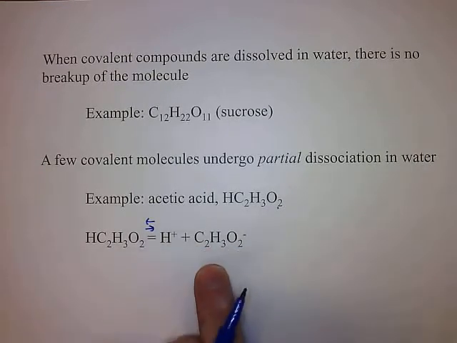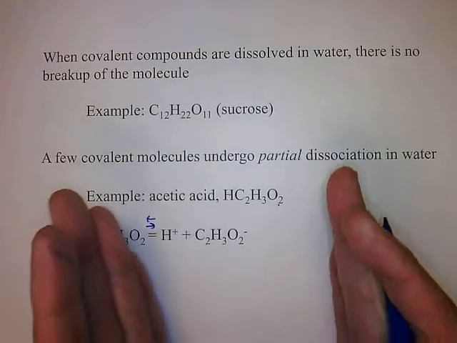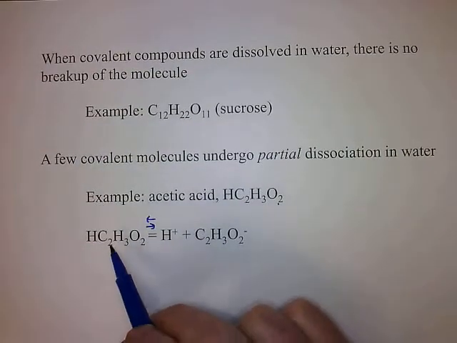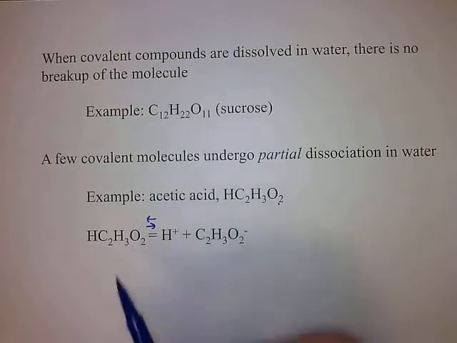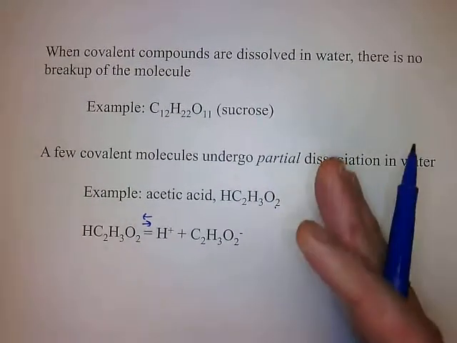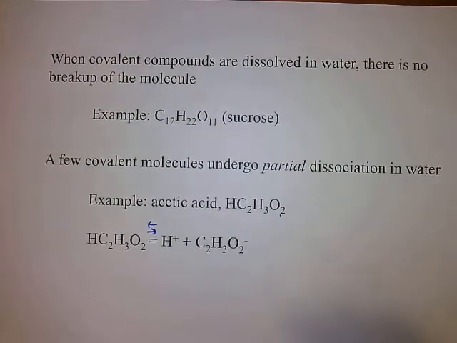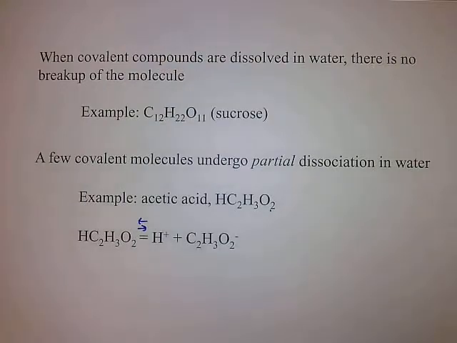It only goes part of the way, in fact only to a very small extent. Most of your acetic acid is in the undissociated form. So ionic compounds break up into their ions. Covalent compounds do not. And then you have a few that undergo partial dissociation.